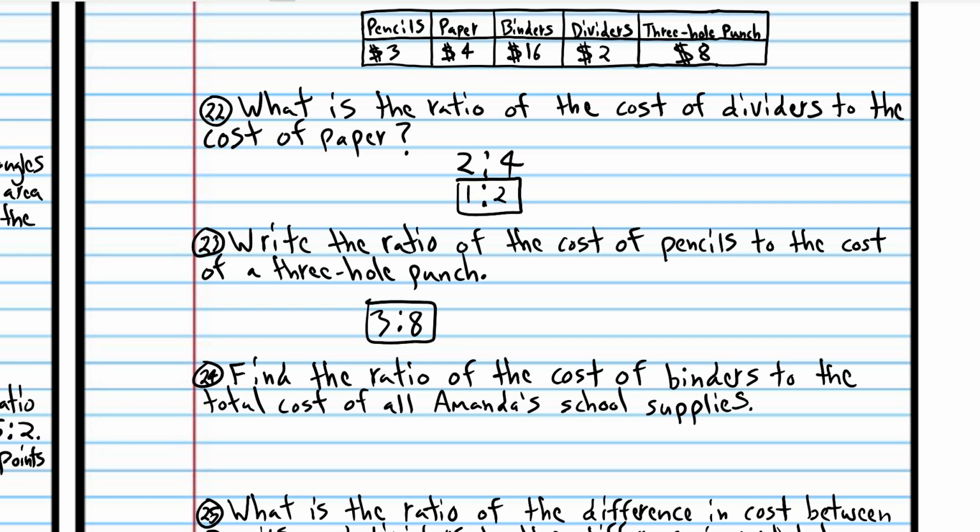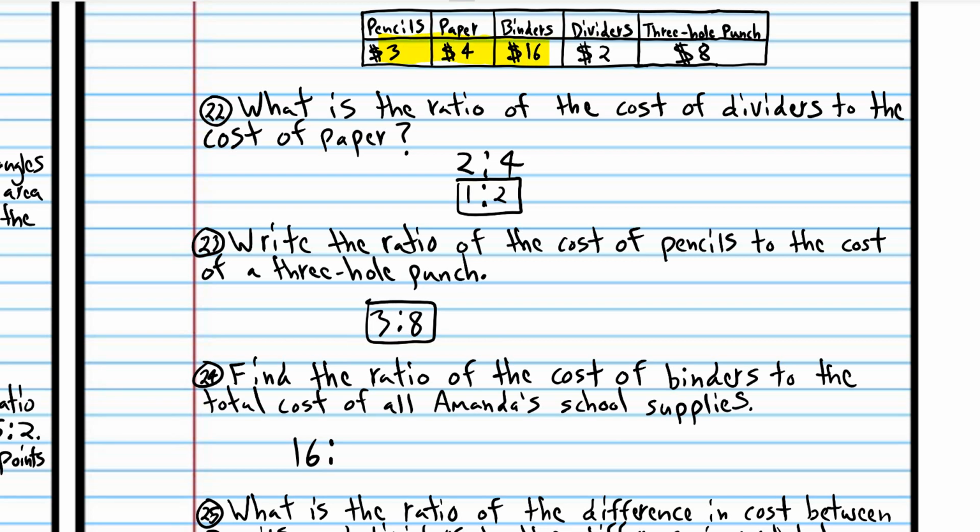Find the ratio of the cost of binders to the total cost of all Amanda's school supplies. So first we write the ratio. First we write the cost of binders, which is 16. But the next number is going to represent the sum of all costs for Amanda's school supplies. So you have to add them up. 3 plus 4 is 7.